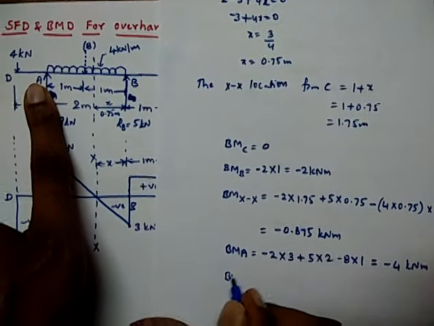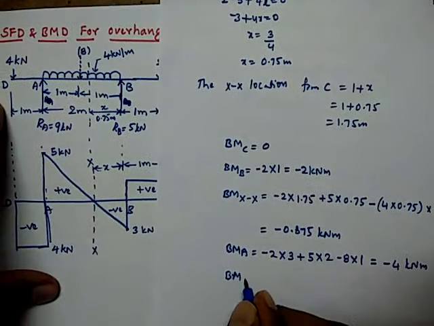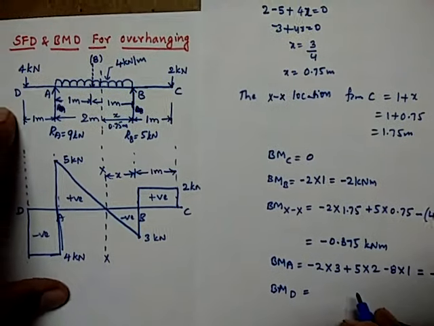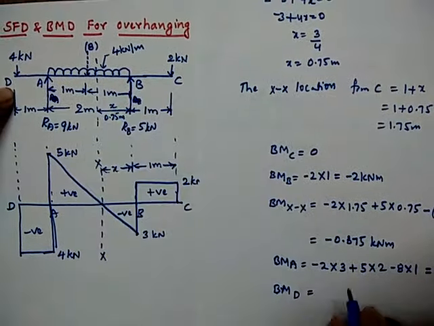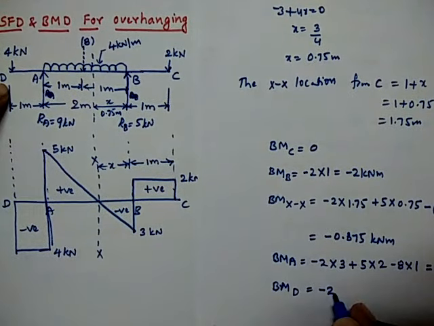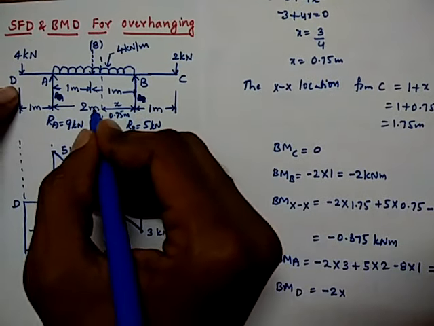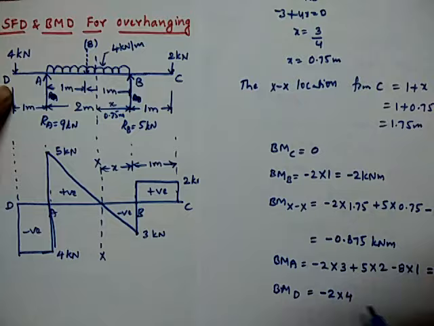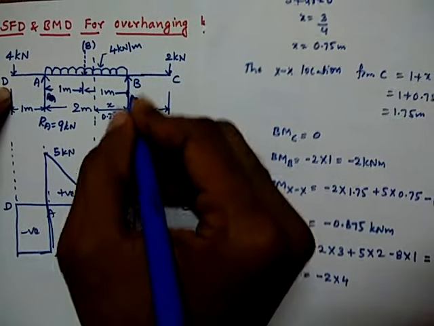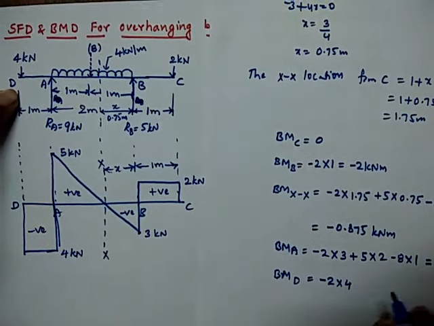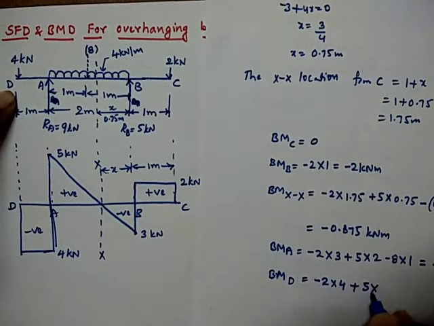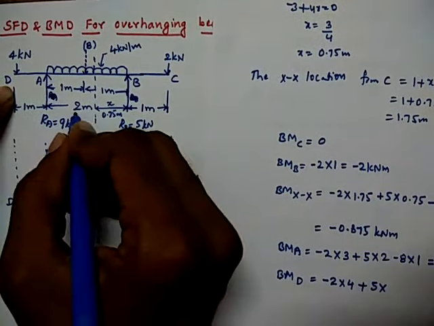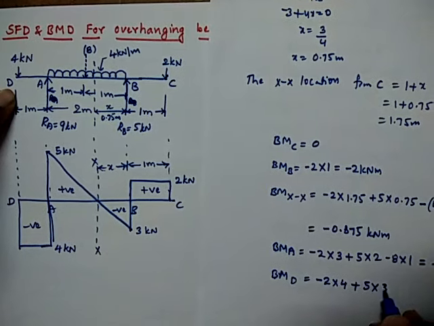Next, bending moment at D we have to find out here. So bending moment at D, once again, comes from the starting. Here this will create hogging, that is negative, minus 2 into distance, 1 plus 2 is 3, plus 1 is 4 here. And RB will create positive, so plus RB, which means 5 kilonewtons here, and the distance is 2 plus 1, which is 3.